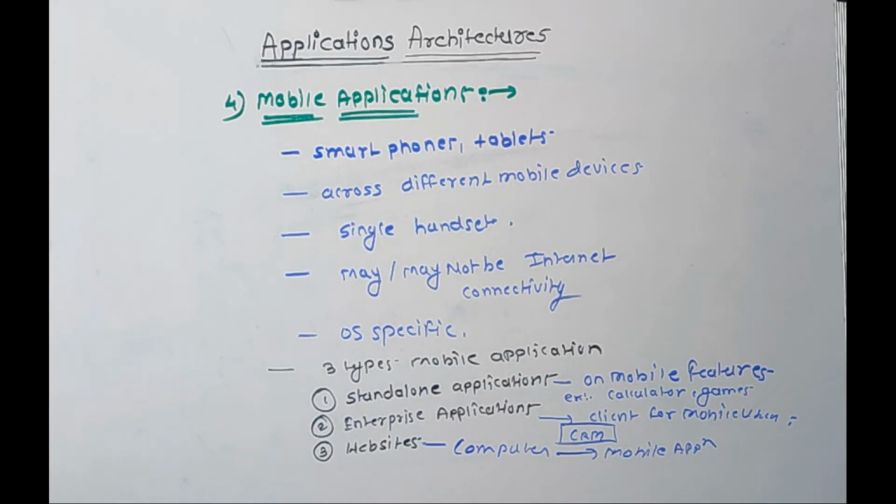These are accessed not via browsers but as a native application on mobile. For example, Facebook or IRCTC mobile application. These are two examples which we use through browsers but also as a native application on mobile. So this is nothing but the mobile application.